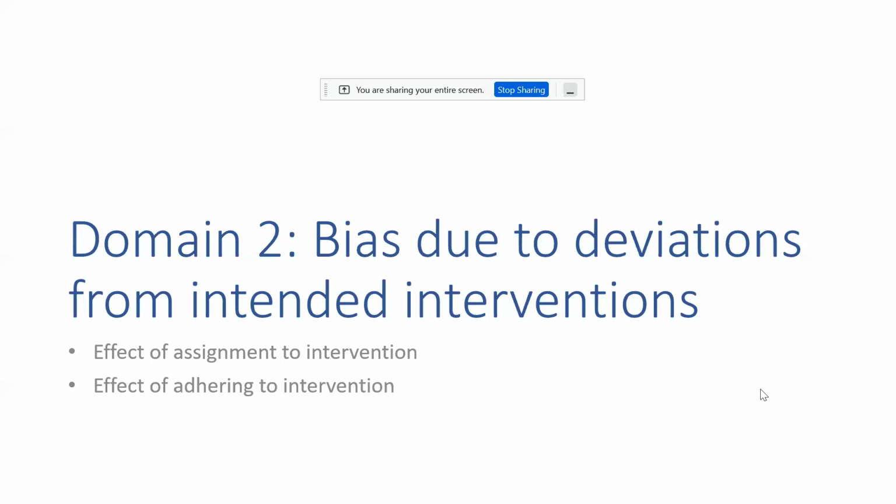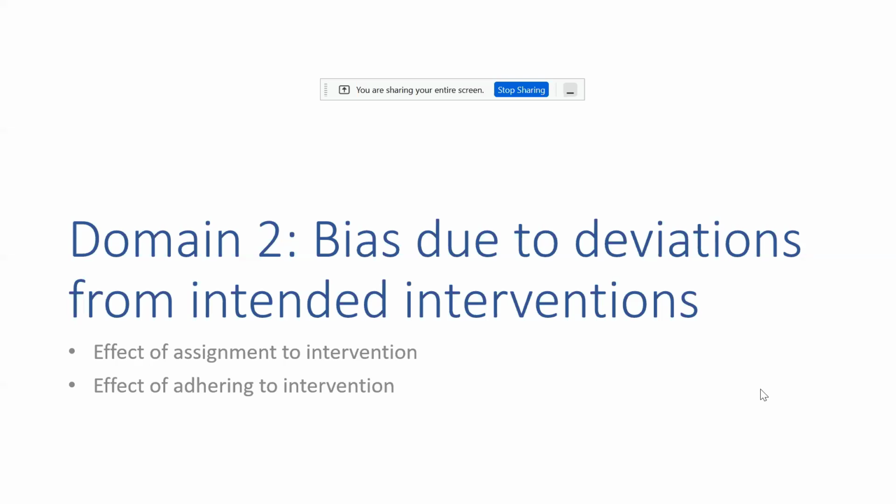So basically, effect of assignment to intervention is analyzing it as per whatever has been assigned, isn't it? So what has been assigned may be very different from what actually happened. But when we are interested in the effect of assignment to intervention, then we are going for one method of risk of bias assessment.